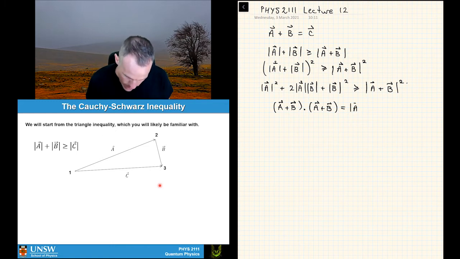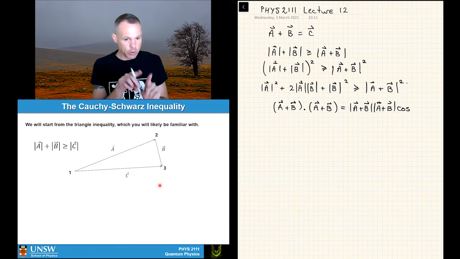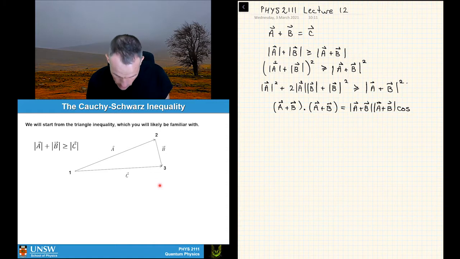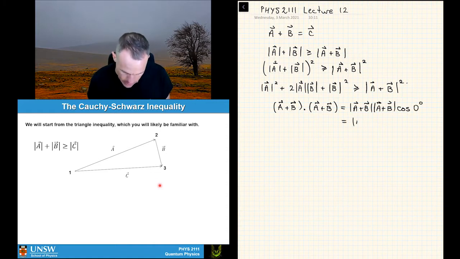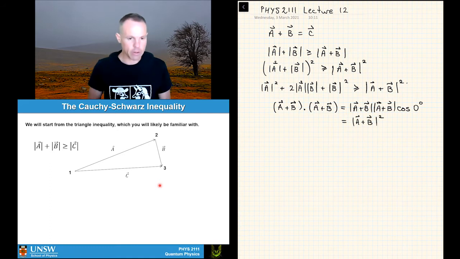So the length of A plus B, times the length of A plus B, and the cos of the angle in between. And of course, because it's the same vector, that angle in between is 0 degrees, right? So this is cos of 0 degrees. Cos of 0 degrees is 1. And so this thing is basically the length of A plus B squared, okay?